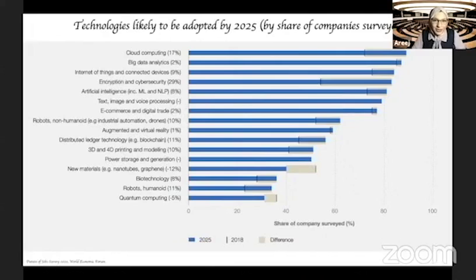As you notice in this survey, cybersecurity is having huge development. It's followed by cloud computing, artificial intelligence, and 3D and 4D printing. So there are a lot of technologies developing very fast in the coming years.